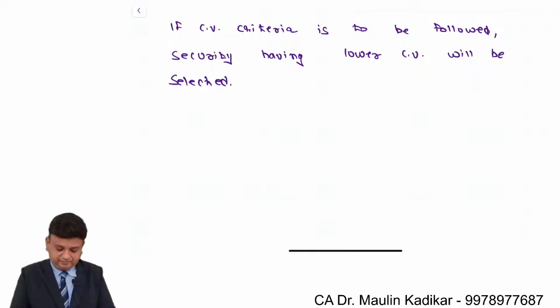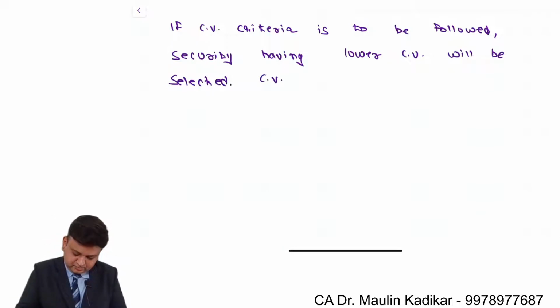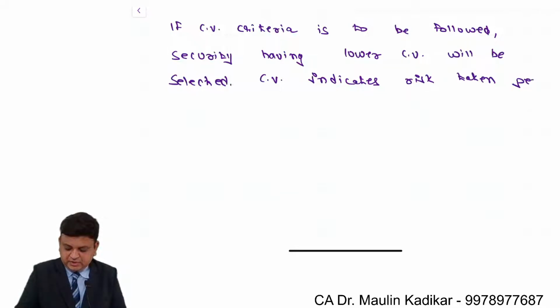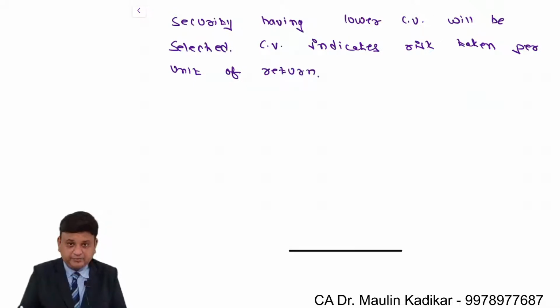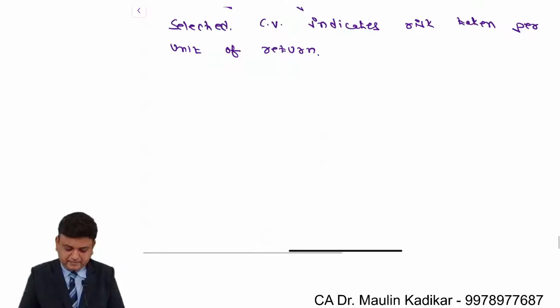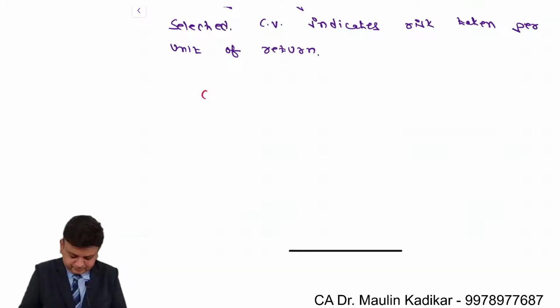Full stop. CV indicates risk taken per unit of return. Full stop. Write down the formula: standard deviation upon x bar.